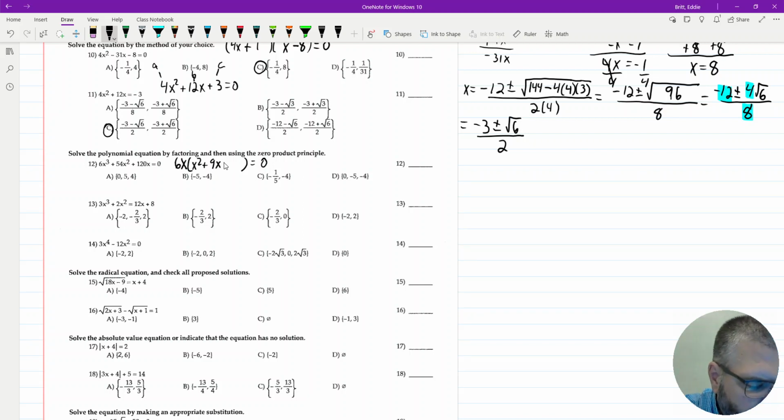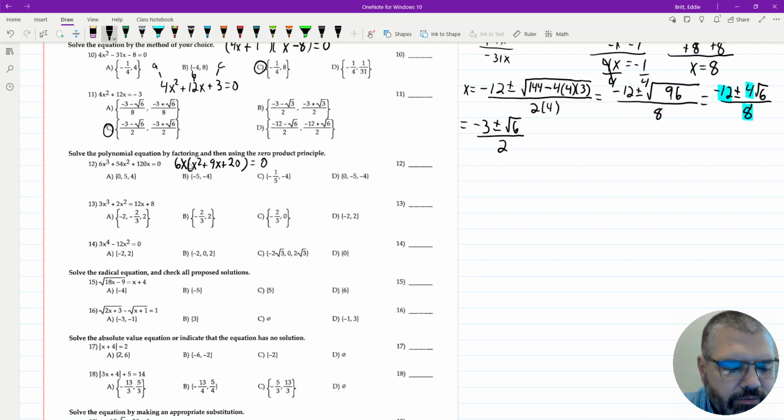And then you have plus 120x divided by 6x. That's going to be 20. All right, so now we have 6x times a type 1 quadratic. That type 1 quadratic should factor pretty easily. Since this tells us to solve by factoring, these things are going to factor.